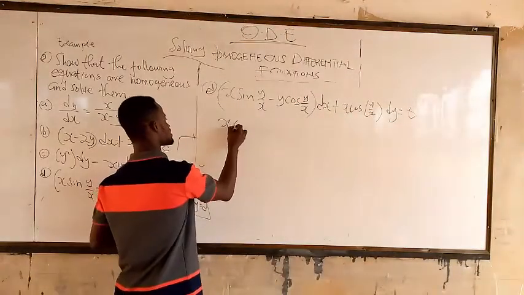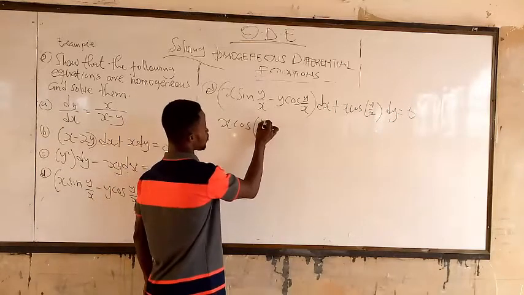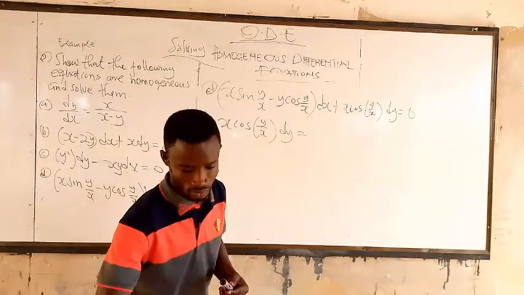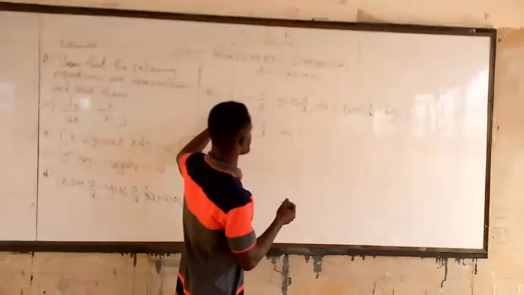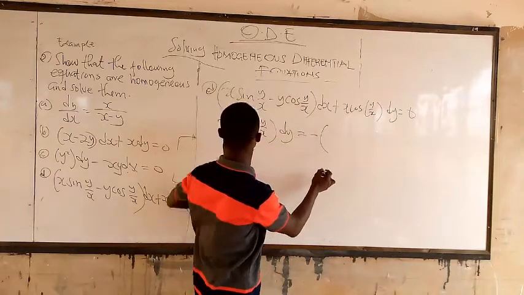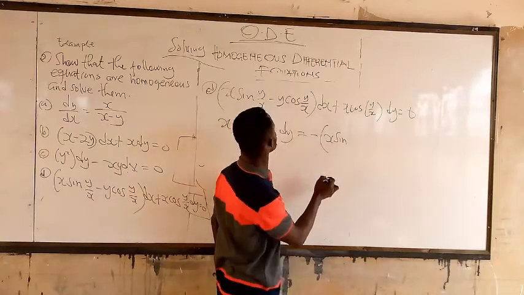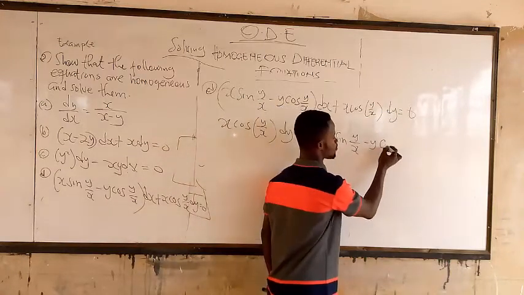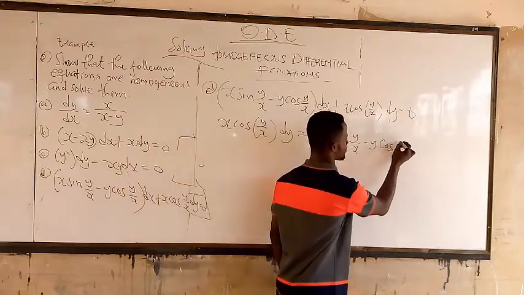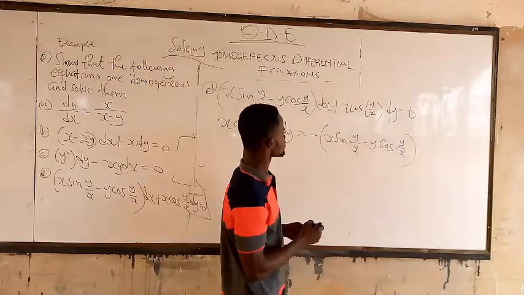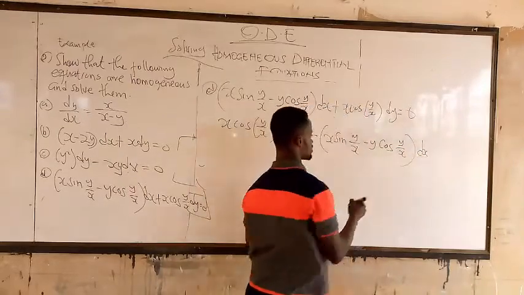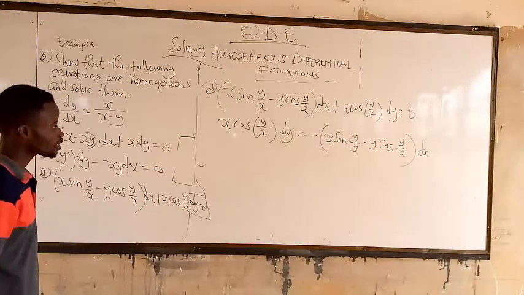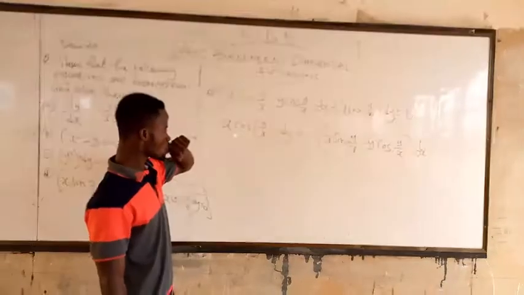So here we get x cos y over x dy to be equal to negative x sine y over x minus y cos y over x dx. Yes, in this case we are using the whole board. Alright. So that is what we have.